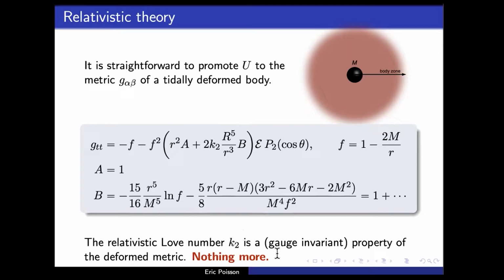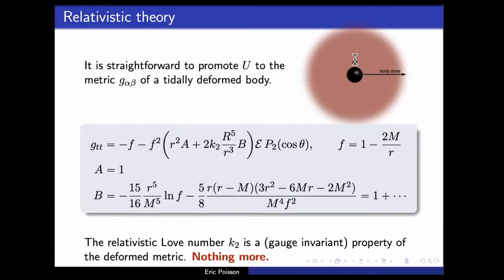The other thing that I wanted to say is that while this construction applies to black holes and it applies to neutron stars, if you apply this to a neutron star, what you have to do is take your vacuum solution, the one that I've displayed here, and continue it to the interior of the body.